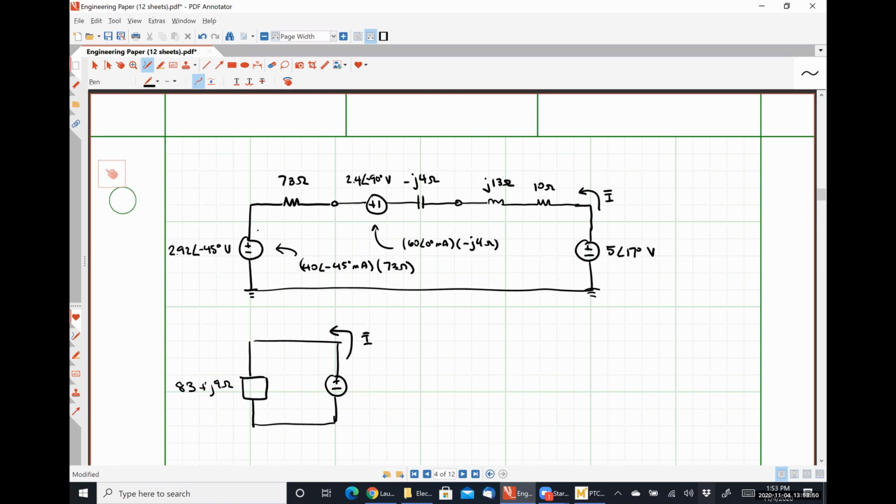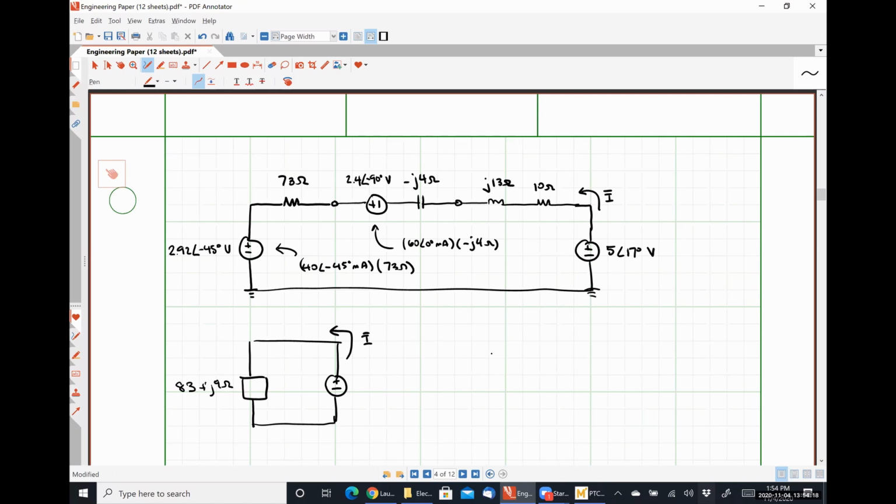So what am I going to add together to get my final equivalent voltage? Yes, I am adding the voltage sources together, but how am I going to do it? That is exactly correct.